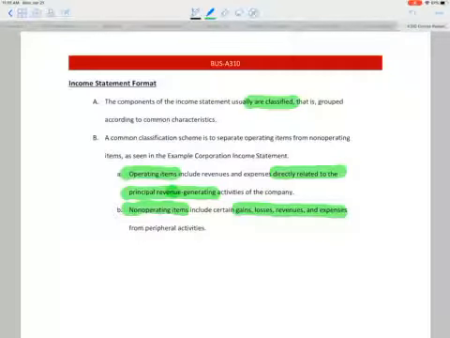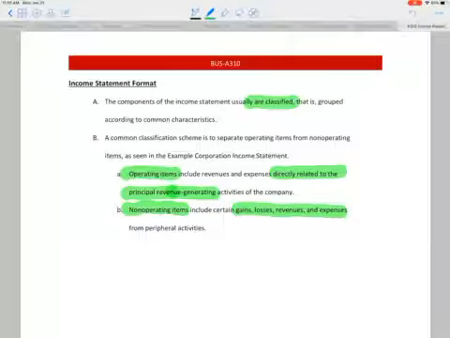So for example, let's say that we have a manufacturing company, and so operating costs would be the cost of depreciation on that manufacturing facility, for example, or the salaries and wages that we're paying to the people who are working on the factory floor.